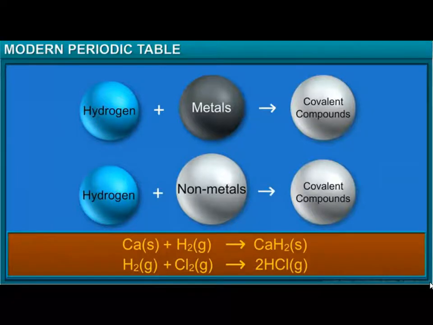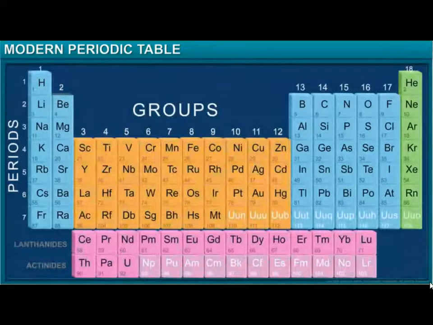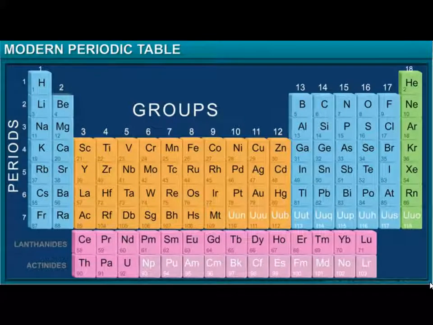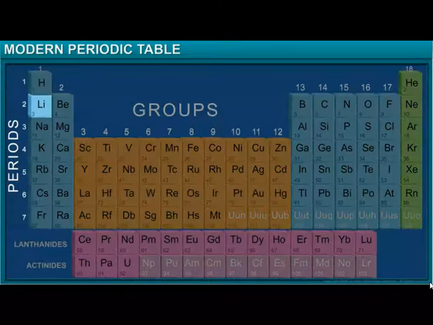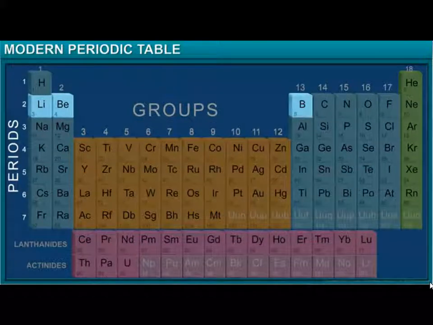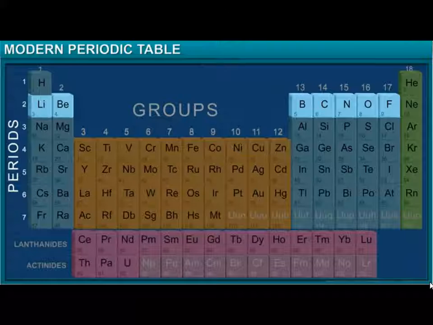When we look at the long form of periodic table, we find that the elements lithium, beryllium, boron, carbon, nitrogen, oxygen, fluorine, and neon are present in the second period.